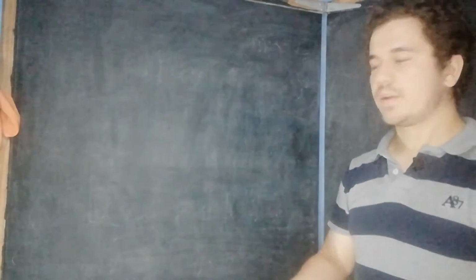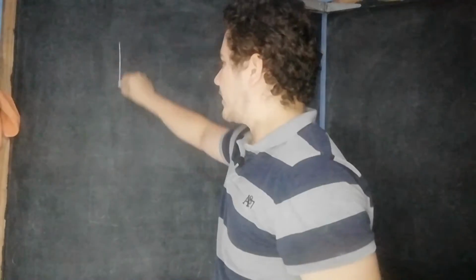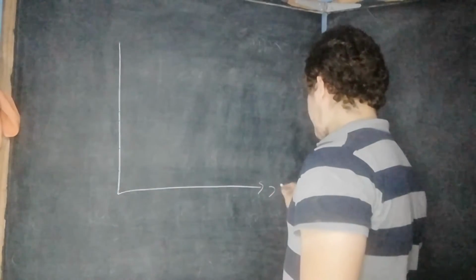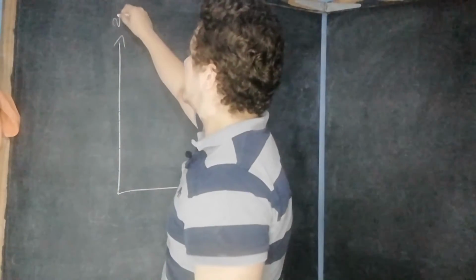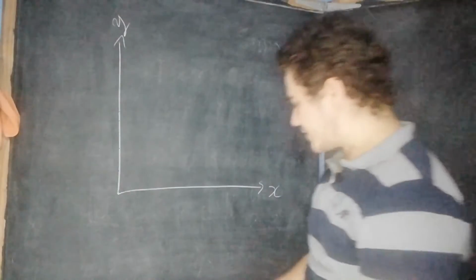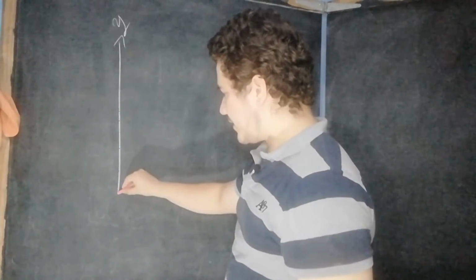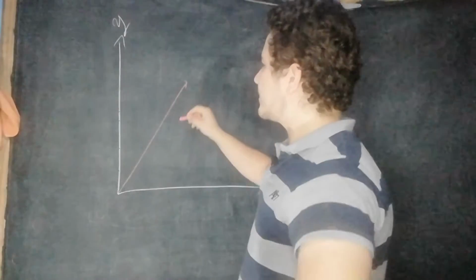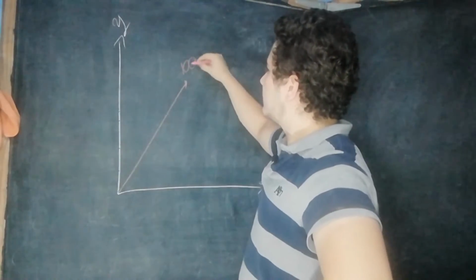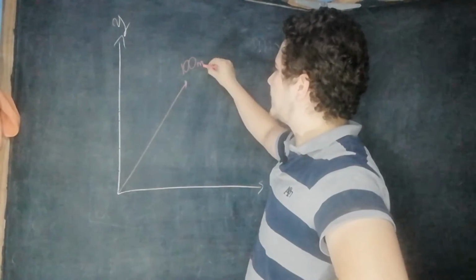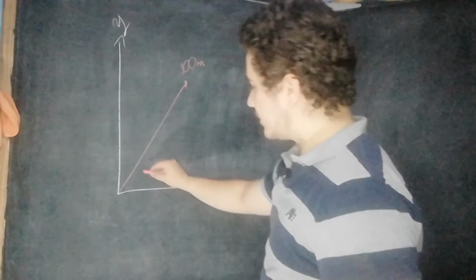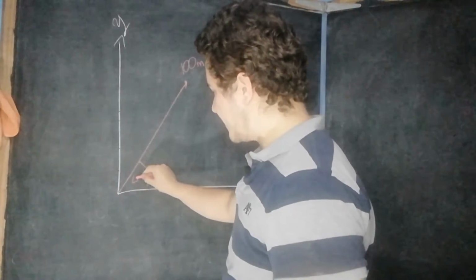So, going back again, if I draw the coordinate system, x, y, let's say we have a vector of magnitude 100 meters, with an angle of 45 degrees.